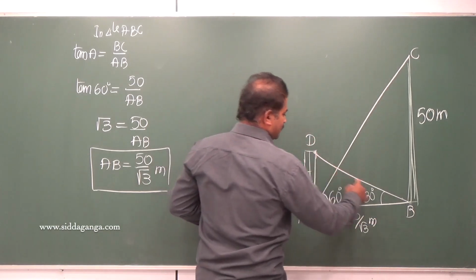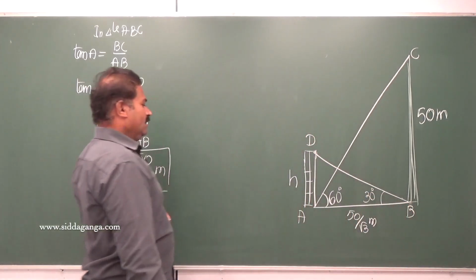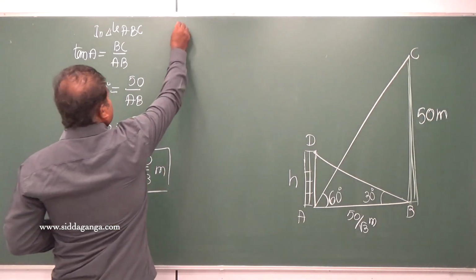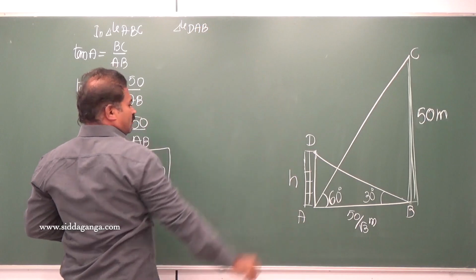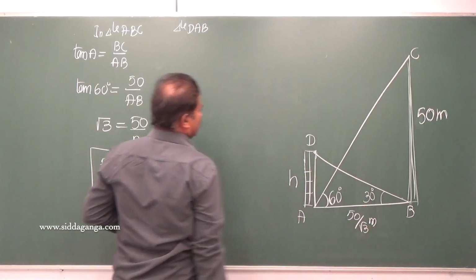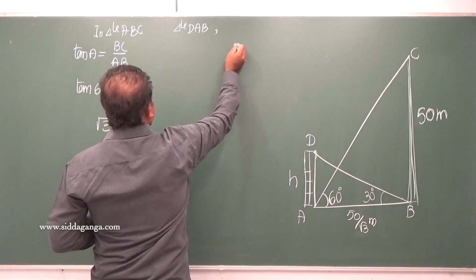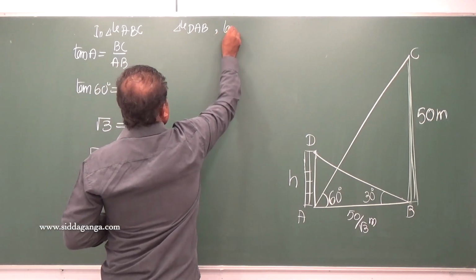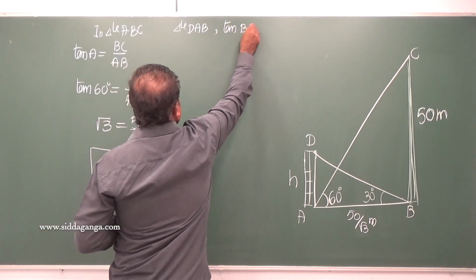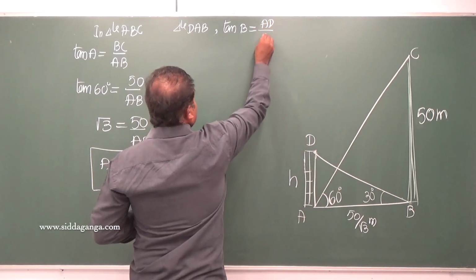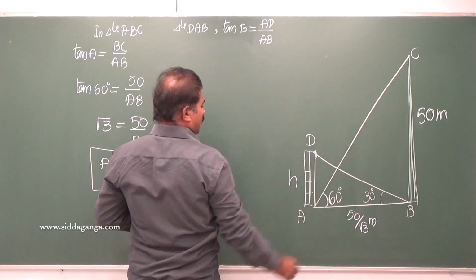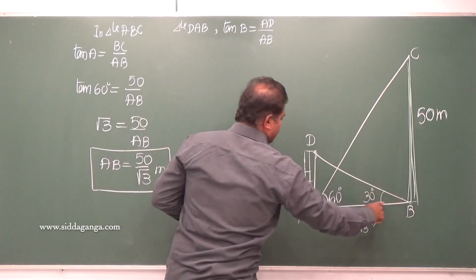Now we'll consider this triangle, triangle DAB, in which you have angle B 30 degree. So tan B is equal to AD divided by adjacent side AB. Now the angle is 30 degree.